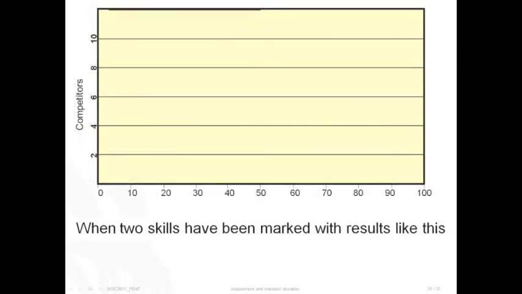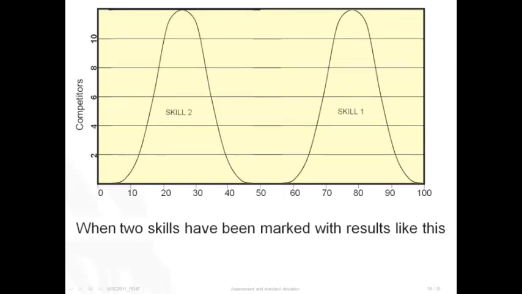When two skills have been marked with results like this on the 0 to 100 marking scale, we cannot immediately compare the competitor results. You can see that the average competitor in Skill 1 has attained a mark of about 80, whereas the average competitor in Skill 2 has only attained a mark of about 25.